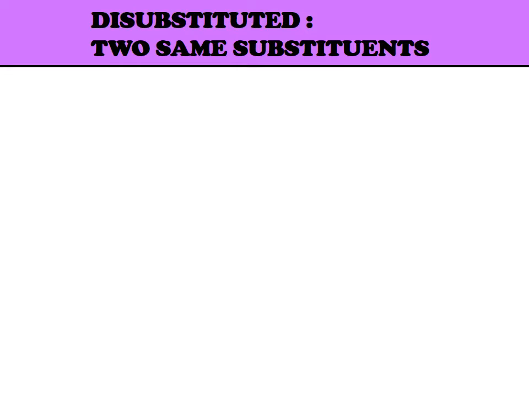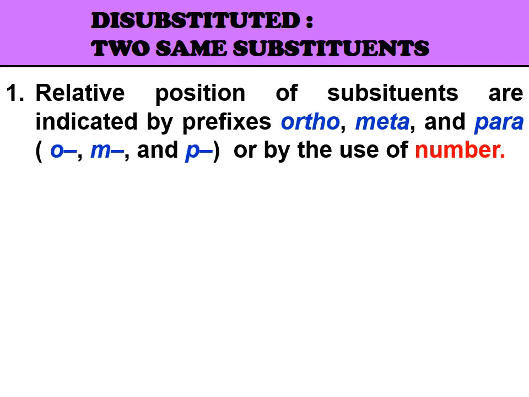Next, disubstituted benzene. When there are two substituents, we can use the prefixes ortho, meta, and para to identify the positions of the substituents.